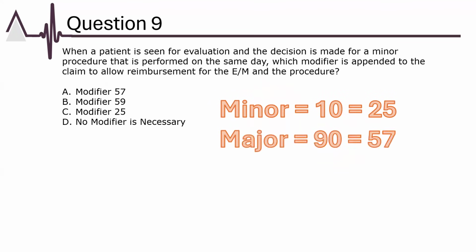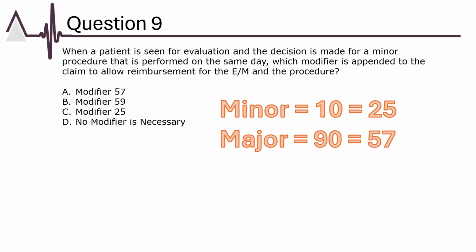On the other hand, major procedures have a global period of 90 days, reflecting the complexity and the extended postoperative care often required. These include more involved surgeries like joint replacements, major abdominal surgeries, or other high complexity interventions.